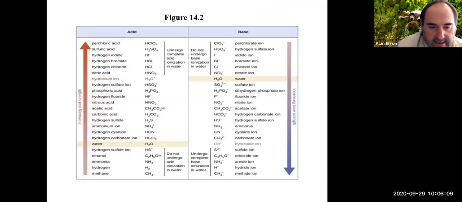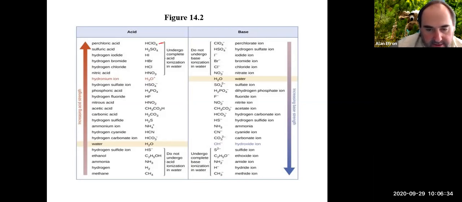Here's a table from your book, and it lists some strong acids, some strong bases, and again, you can see an opposite relationship in terms of if it comes from a strong one, then its partner will be relatively weak. So what I mean by that is here's a strong acid.